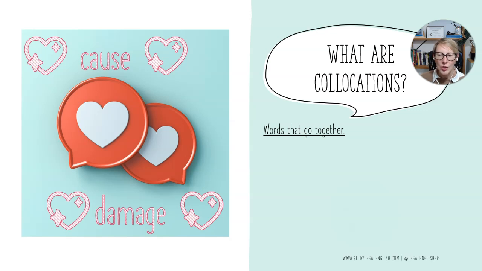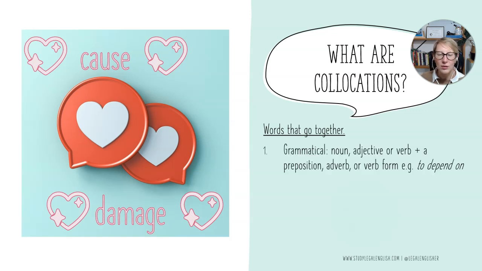So there are two types. You've got grammatical collocations, where you get your main word, like a noun, adjective, or verb, plus a participle, like a preposition. You might also get an adverb or a particular verb form. So an example of this type of collocation is to depend on.